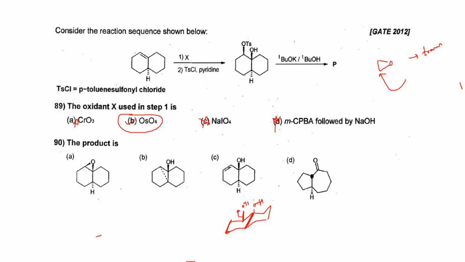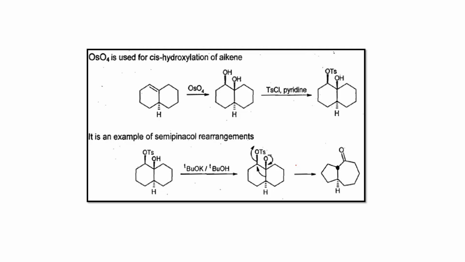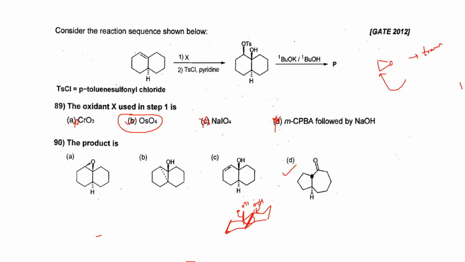Because of that, this OH will come here and this undergoes a ring migration, and OTs is removed from the system, which leads to the formation of a 7 and 5 member ring. So the correct option is option D. Just note it down. If you want to draw it in a cyclohexane manner, you can draw this one also.